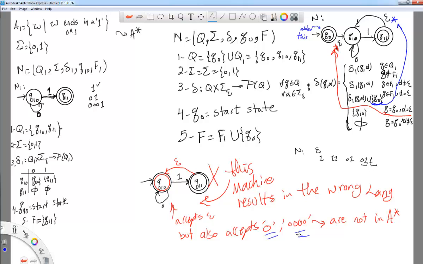Basically your new set of states is going to be the union of the original states and the new start state you added. Your transition function is going to be the 5-step definition that you see here on the right hand side of this board. Your newly added state is going to be the start state, and you will add that in the set of accept states for your machine. So this is one example of a machine that recognizes the star of a language.